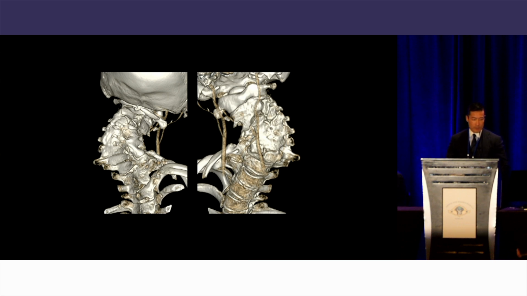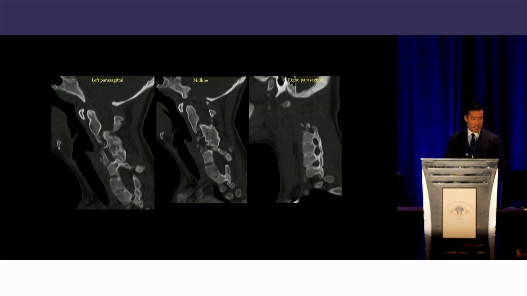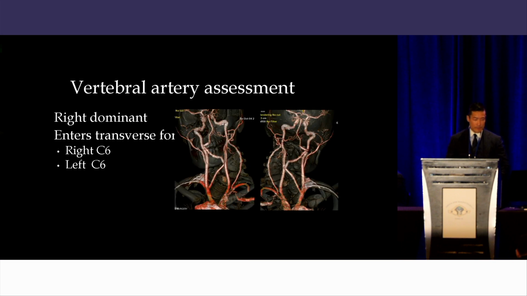multiple segments within the cervical spine, C3 through C6. And then you can see here the C7 hemivertebra, and CT scan demonstrating the solid fusion through the congenital segments. But the vertebral artery assessment demonstrated that actually on the side of the hemivertebra at C7, the vert actually entered at C6, confirming that if you do a hemivertebrectomy for this patient, you can do it safely without being too concerned, as long as you don't go out too lateral on your dissection.